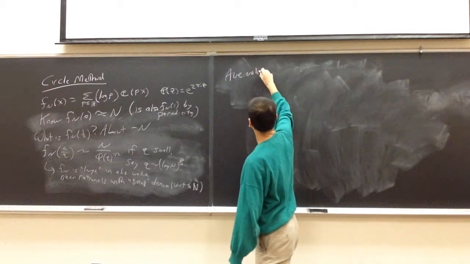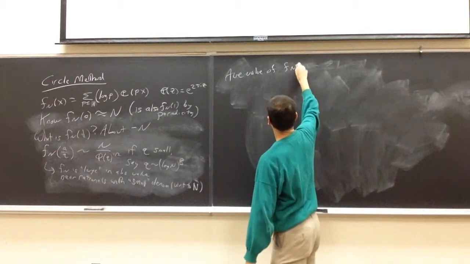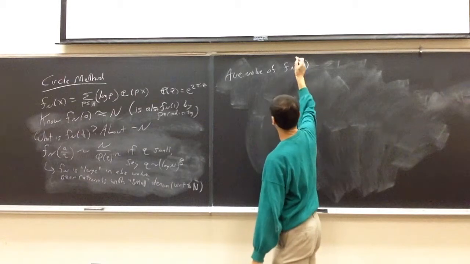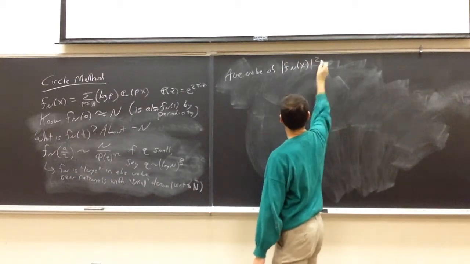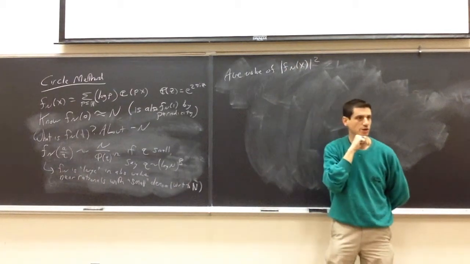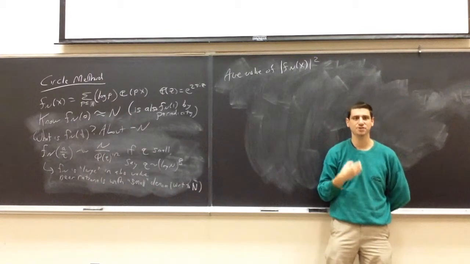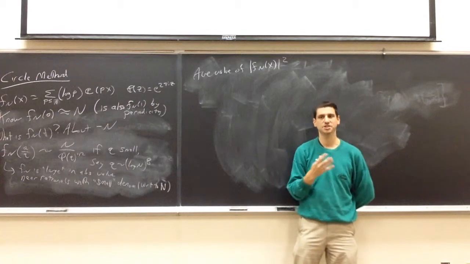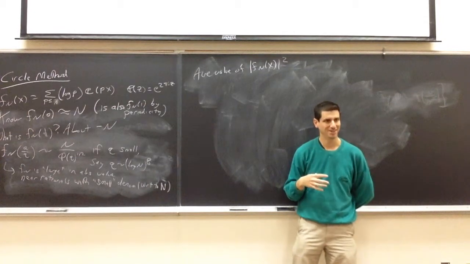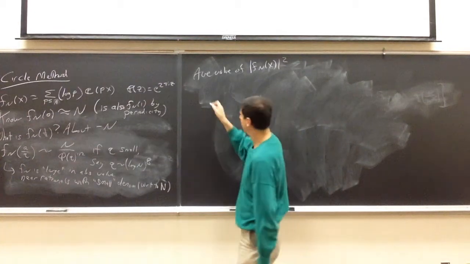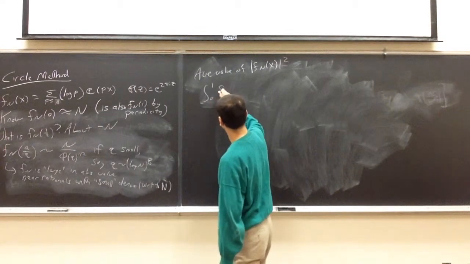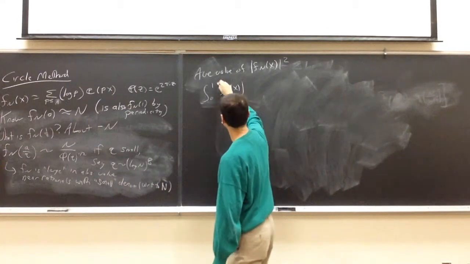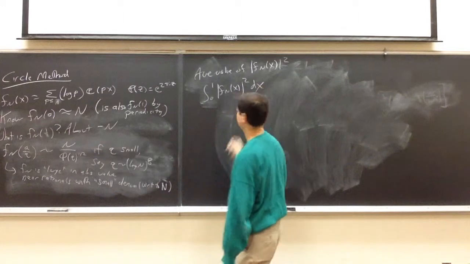The average value of f_n is hard, so let's calculate the average value of f_n squared. If I can understand the average value of the square, can I understand the average value? It's a heuristic lecture, so sure. Okay? So we want to calculate the integral from 0 to 1 of the absolute value of f_n(x) squared dx.